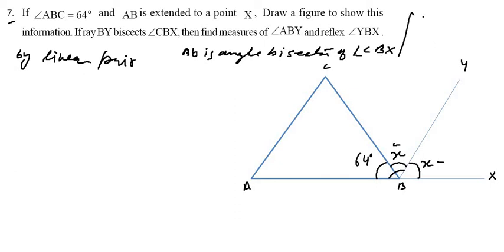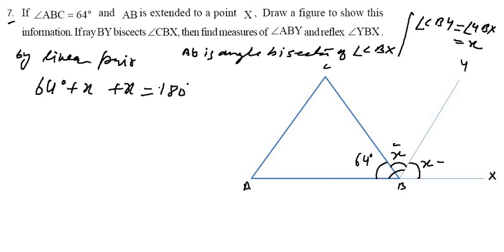So that means angle CBY is equal to angle YBX, and that is X. So by linear pair, the sum of these angles, 64 degree plus 2X, will be equal to 180 degree.